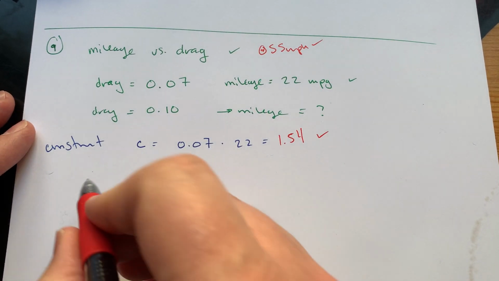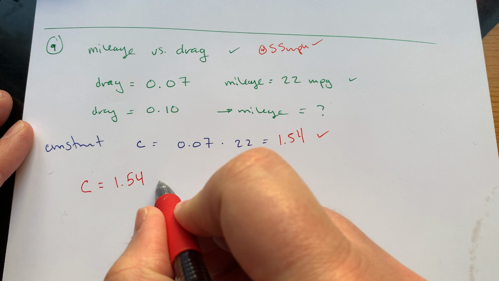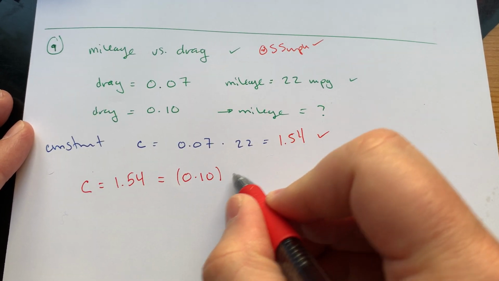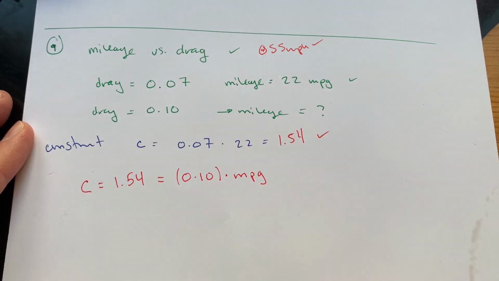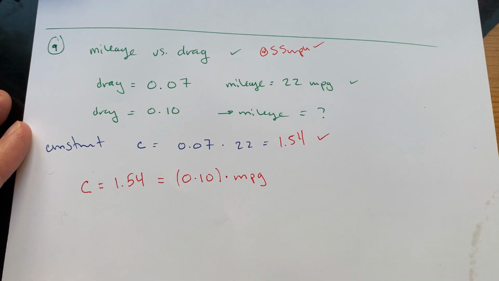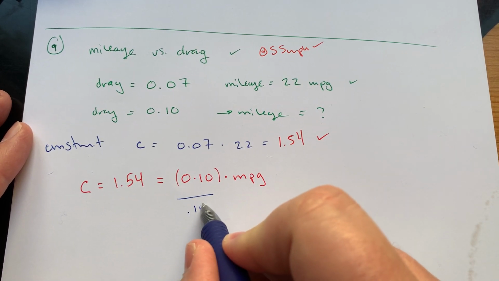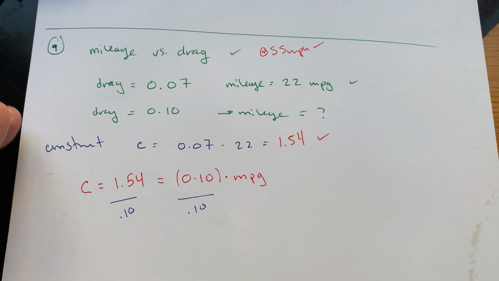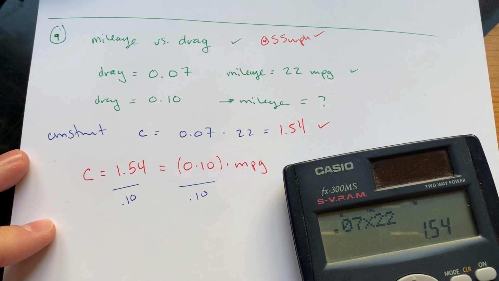So then to solve this, my constant, 1.54, is going to be my new drag, 0.10 times my miles per gallon in situation number 2. So you can see how this is maybe a little redundant. I don't want to talk badly about any kind of math concept, right? But in theory, couldn't we get this same setup from just doing the multiplication pairs?